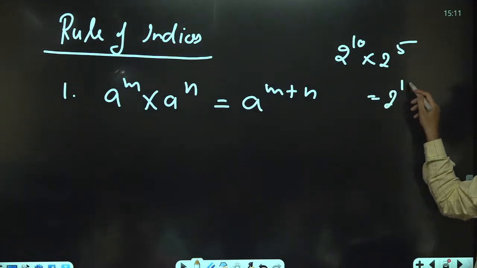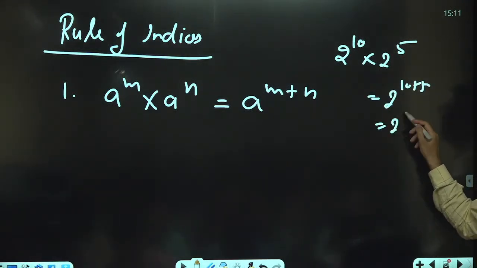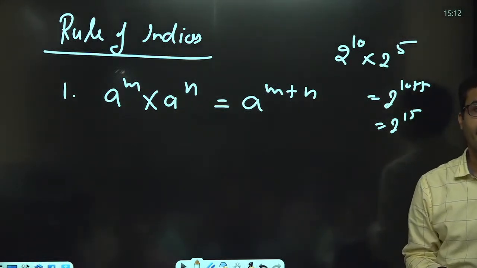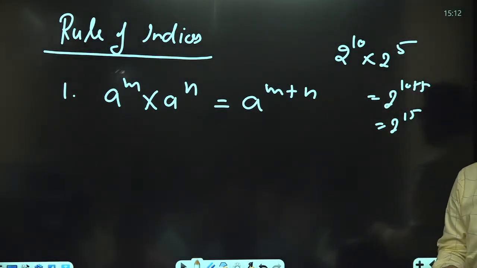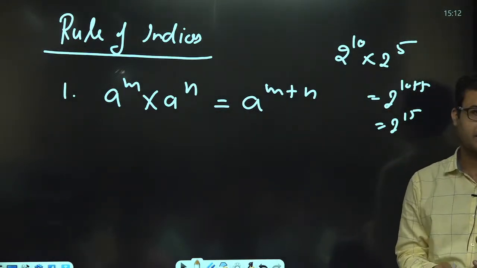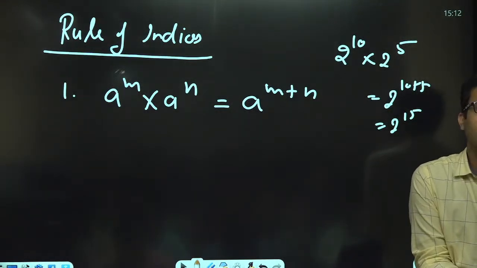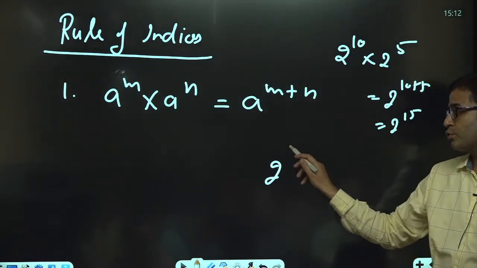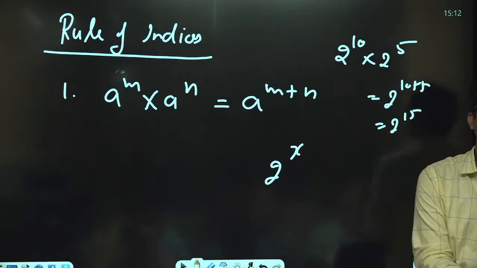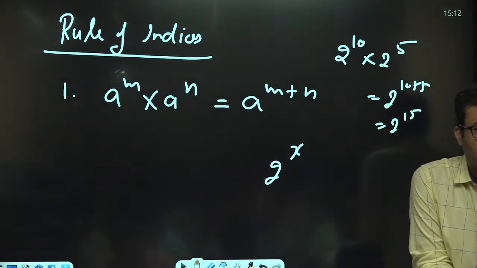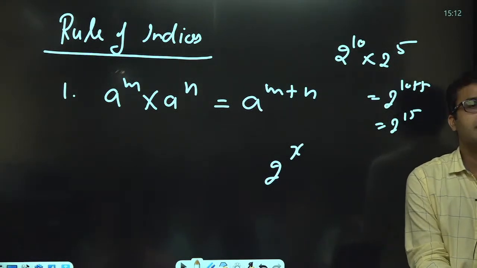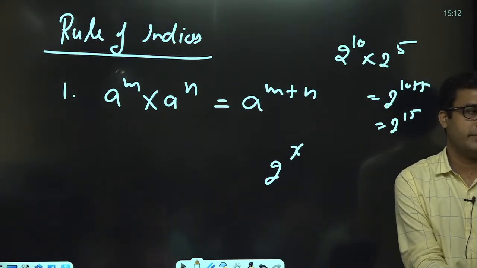So it is 2 is to power 10 plus 5, 2 is to power 15 is the answer. Indices is the plural word of index. Index is 2 is to power x, x is the index of 2. Index matlab power, indices is a plural word of power, you can say.